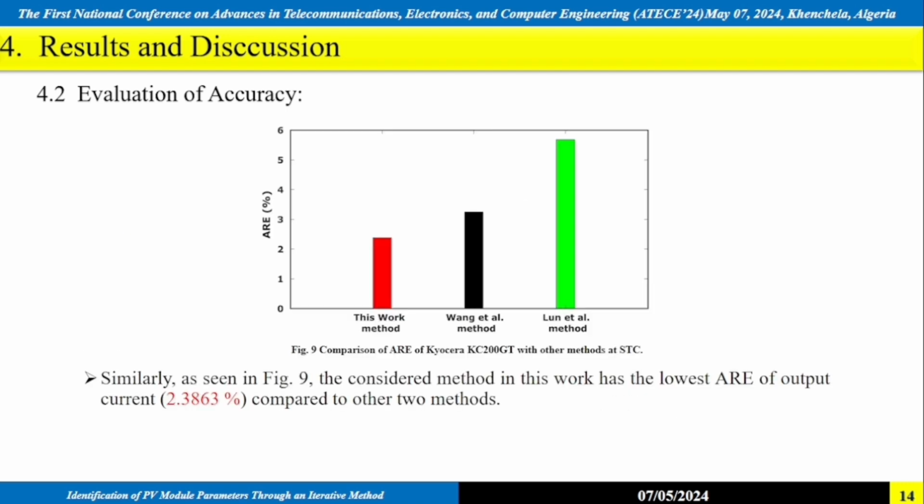Similarly, for the average relative error, we can see that the considered method in this work has the lowest ARE among the other methods. Here it has 2.38% compared to 5 and 3% for the other two methods.